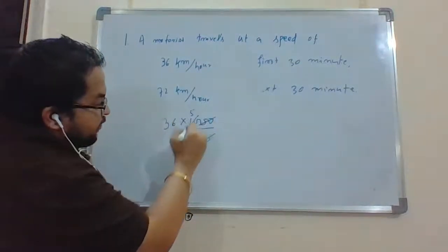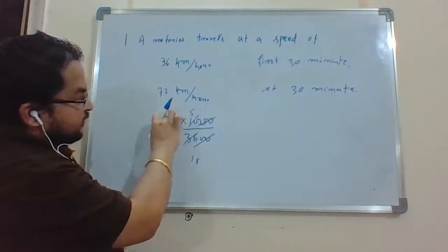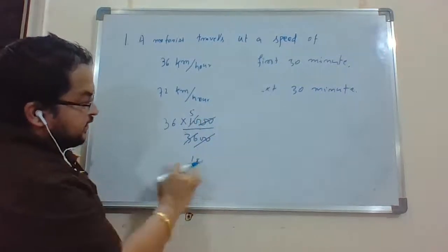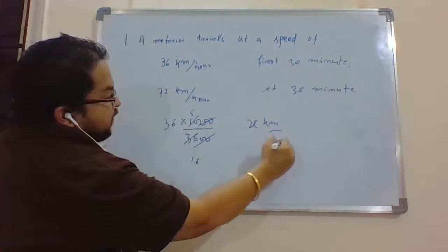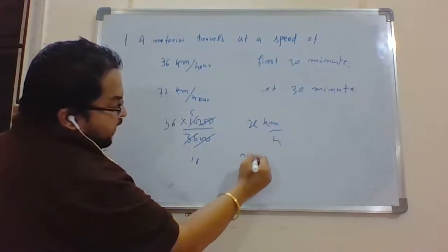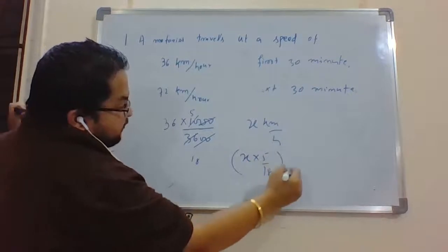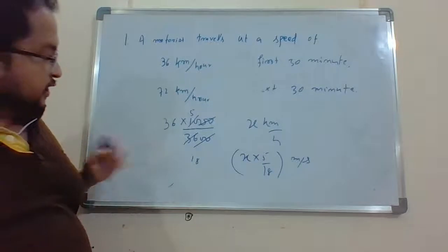So what we can do, let us do this math. This will be 5 by 18. Remember, anything which is given in kilometer per hour that you want to convert into meter per second: if it is x kilometer per hour, just multiply 5 by 18 to that, and it will be that many meter per second.